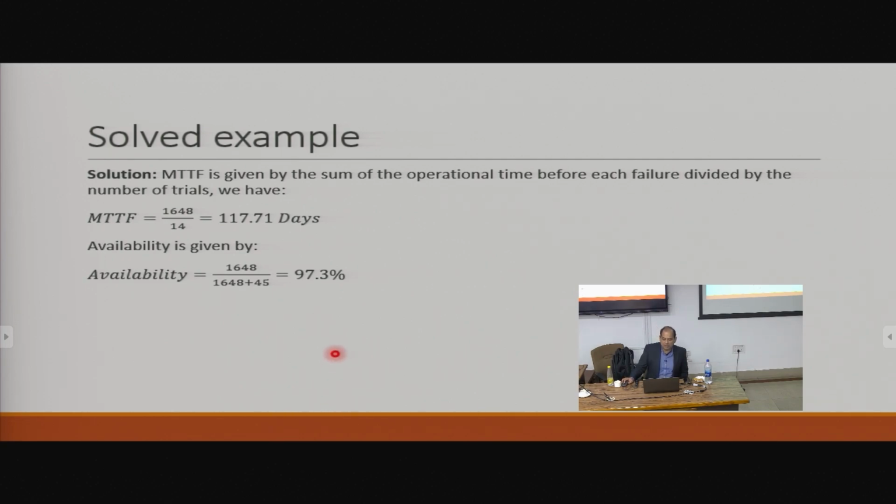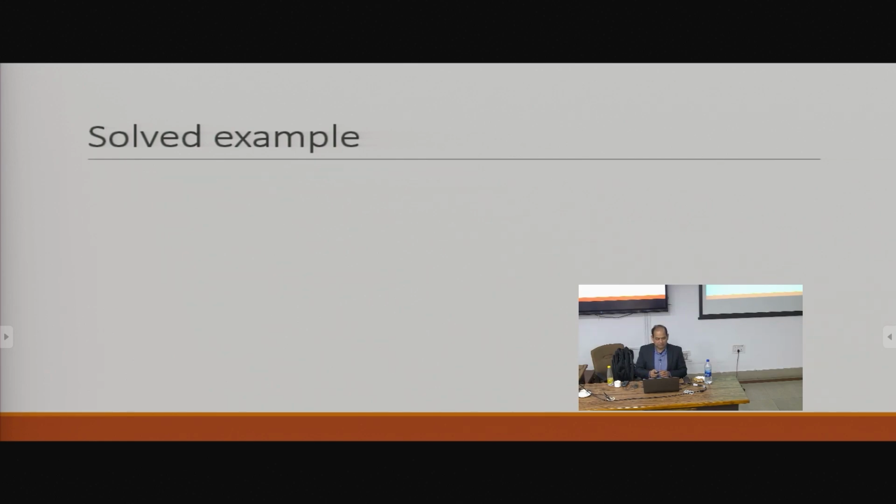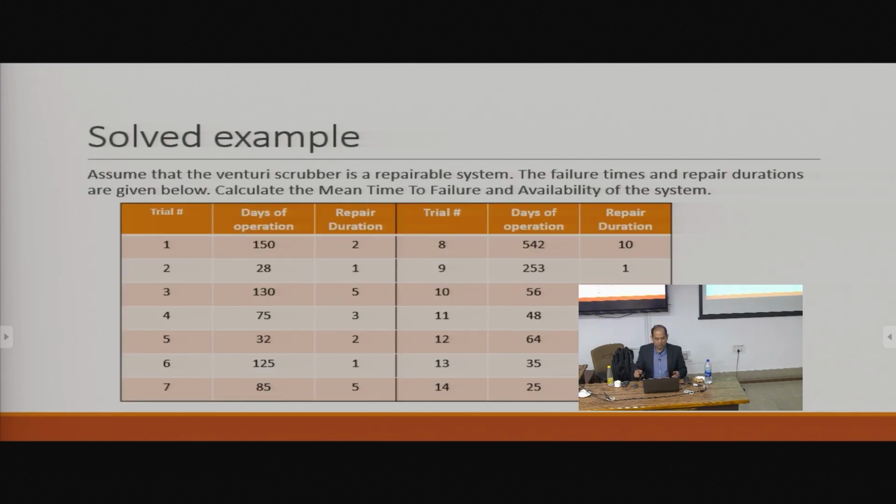If you look at the data carefully, we see that there's some skewness in the data, right? Sometimes the system runs for a long period of time, and sometimes it fails even initially in a very short period of time, right? So averaging these days of operation to get mean time to failure can be misleading, okay?